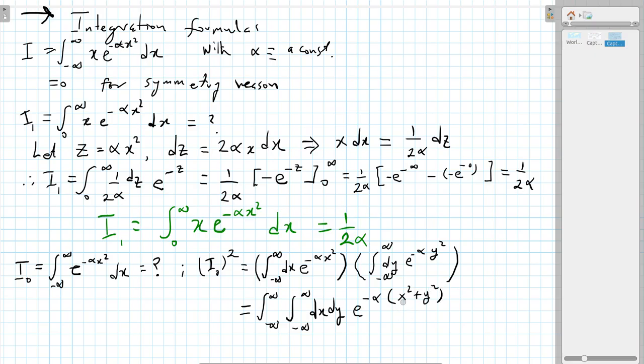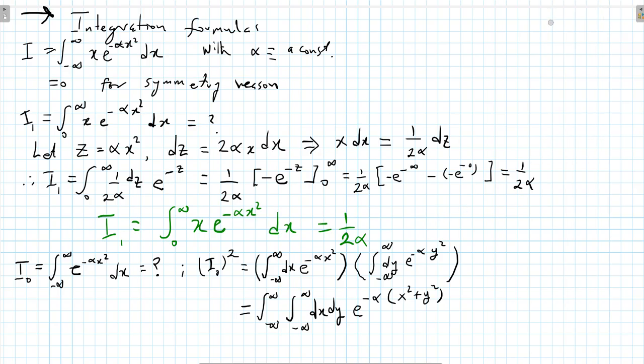This is kind of an area integration, and to do this integration it's much better if we change variables from the Cartesian coordinate system to spherical, or in this case two-dimensional, the polar coordinate system. So we're doing a summation, but this time around in a 2D space.